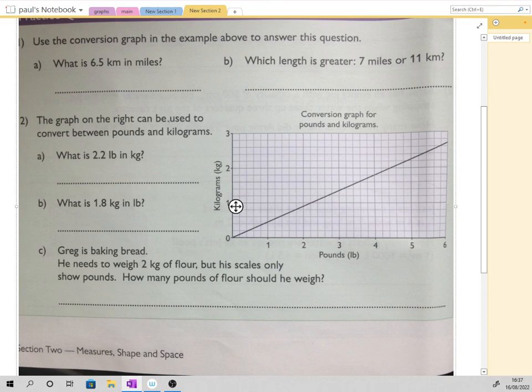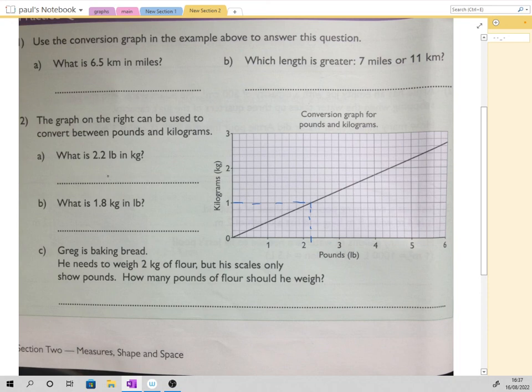The graph on the right can be used to convert between pounds and kilograms. There you go. That's one of those pounds and kilograms things. What is 2.2 pounds? So go along to 2.2 pounds, which is there. So go up to the line and then across to there to 1.